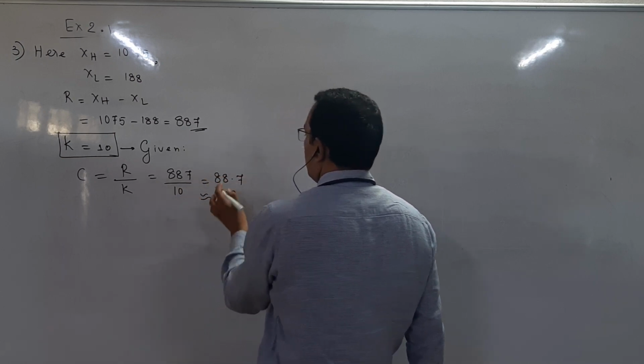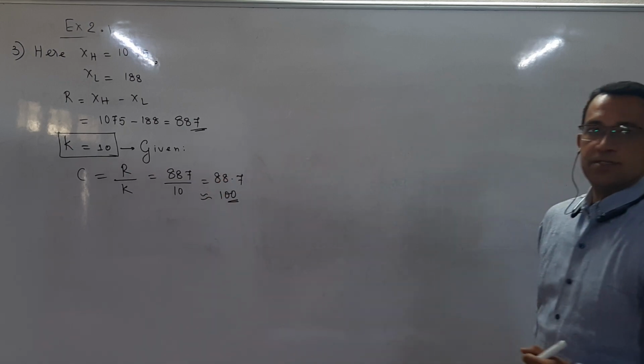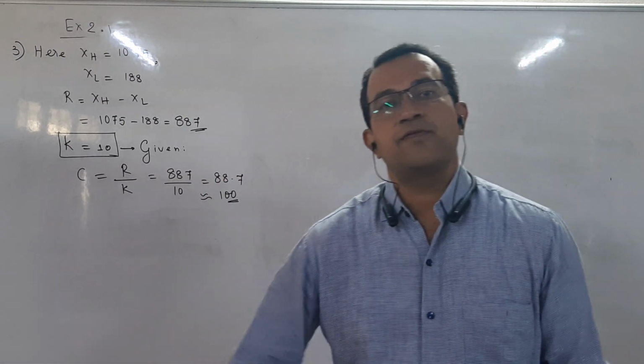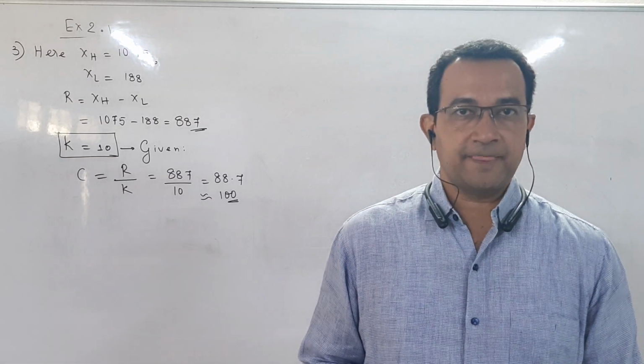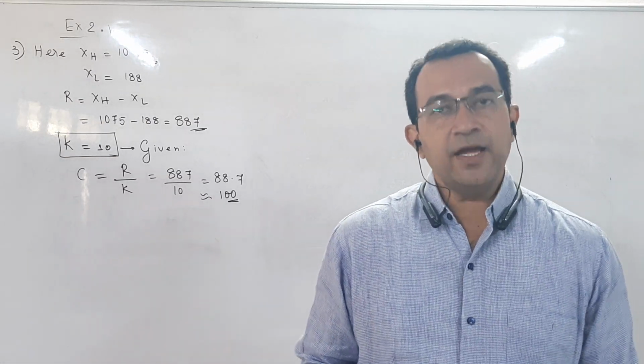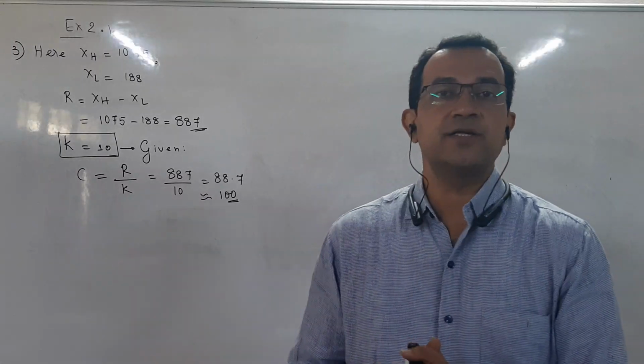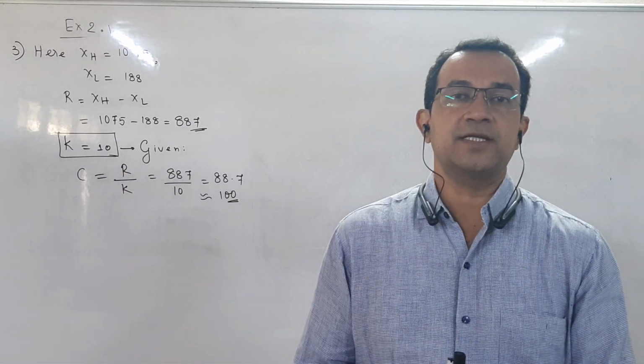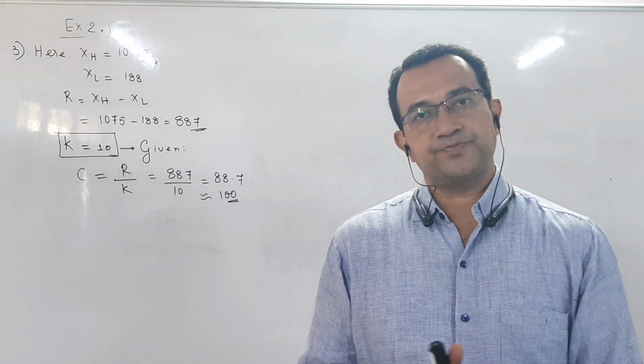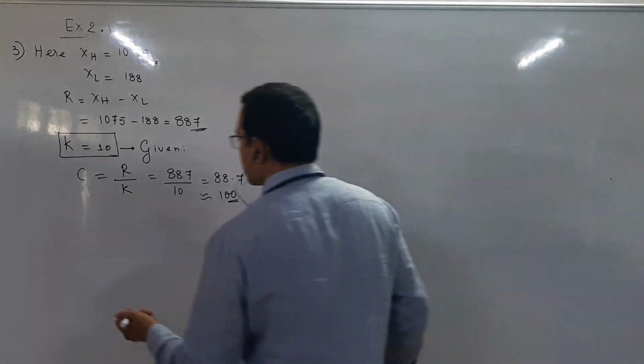Generally we keep class length in multiples of 5 or 10. That is why I will keep class length nearby 88.7, which is 100, so I am approximately taking class length 100.